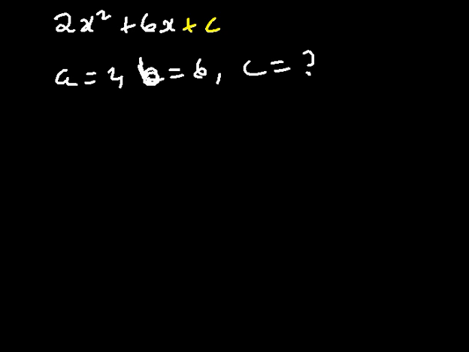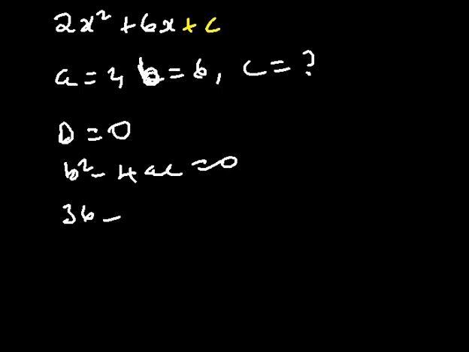Since this expression has to be a perfect square, the discriminant is equal to 0. Therefore we have b squared minus 4ac equals 0. What is b? We have 6, which is 36, minus 4 times a, which is 8, times c, equals 0.